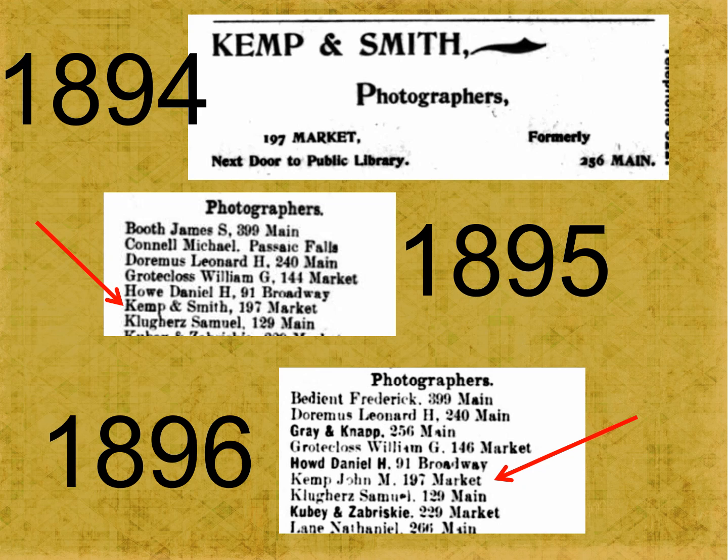However, in 1894, the company moved their studio to 197 Market Street. They're there at the same location in 1895, but in 1896, Kemp and Smith no longer exists, and we're back to John Kemp at 197 Market Street.